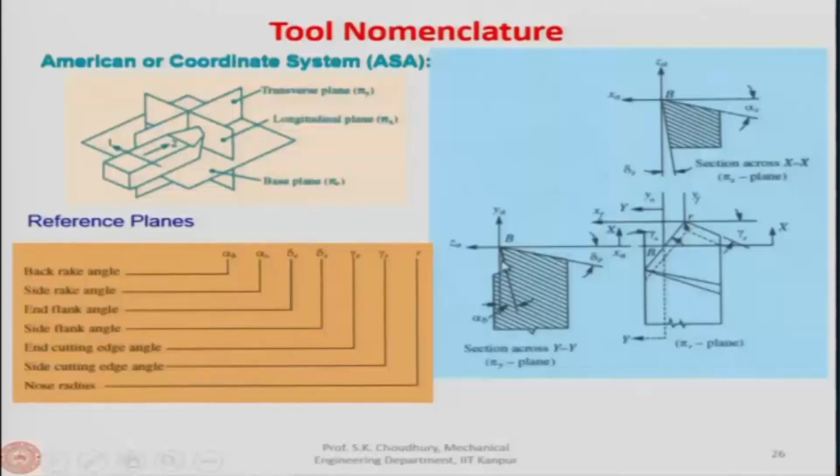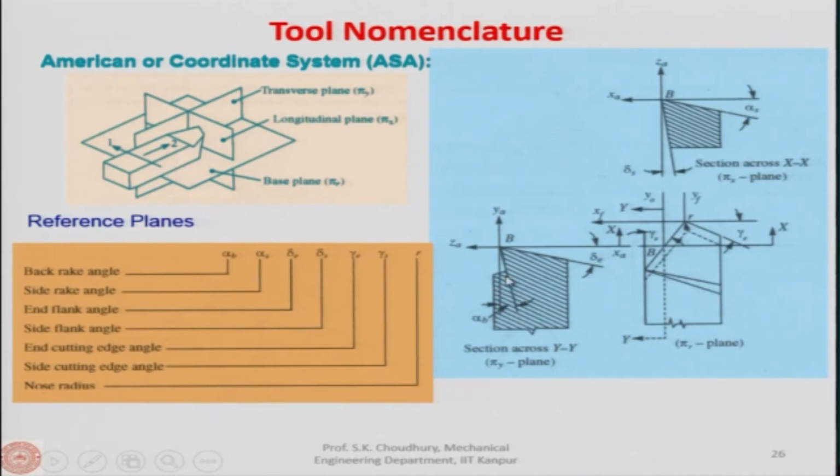For example, in case of the back rake angle, this is the angle between the rake face here and a line which is perpendicular to the cutting velocity vector. Similarly, here this is the line XA, perpendicular to the cutting velocity vector, and this is the angle between that line and the rake face of the tool.